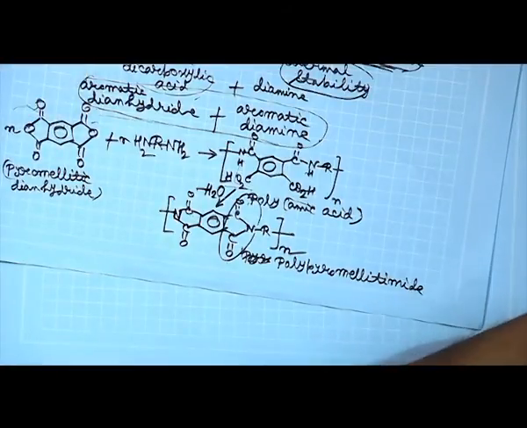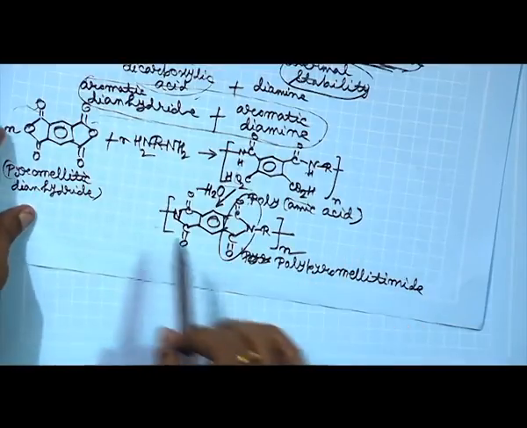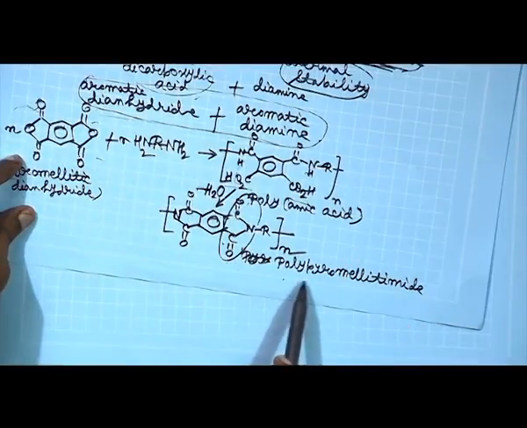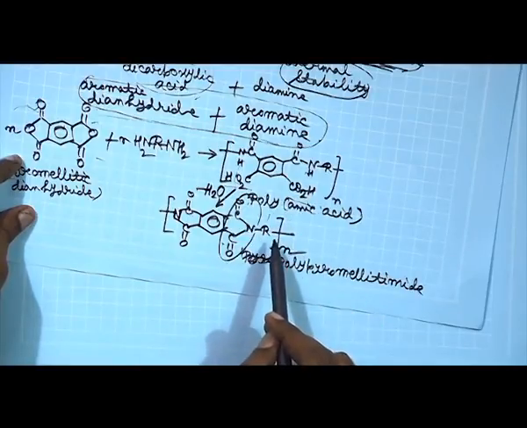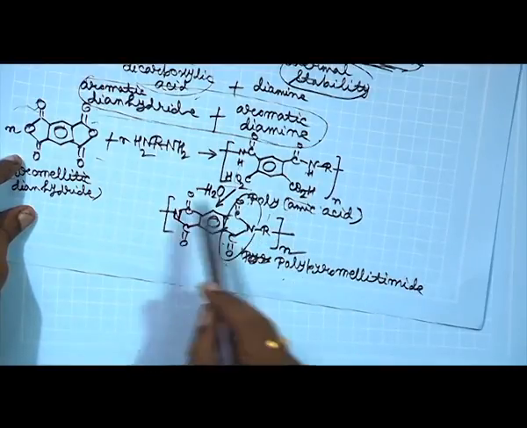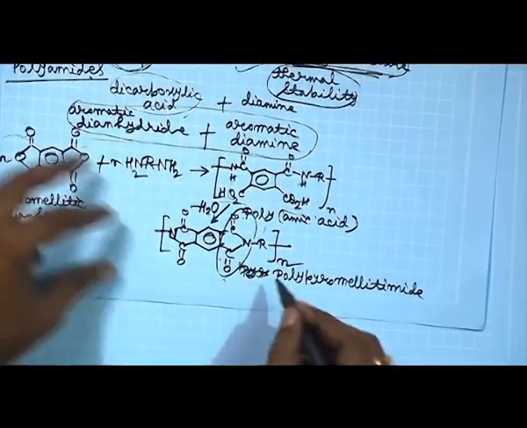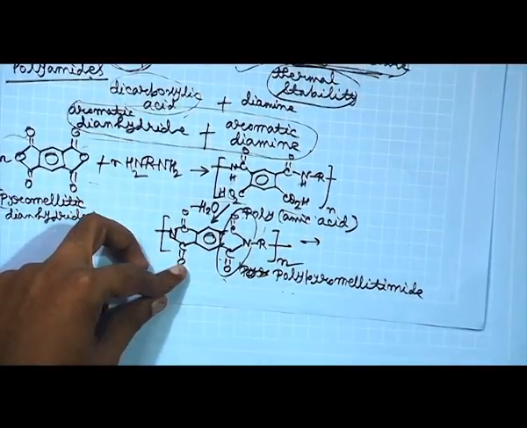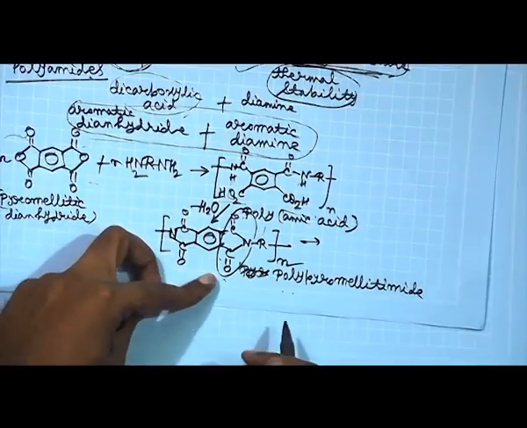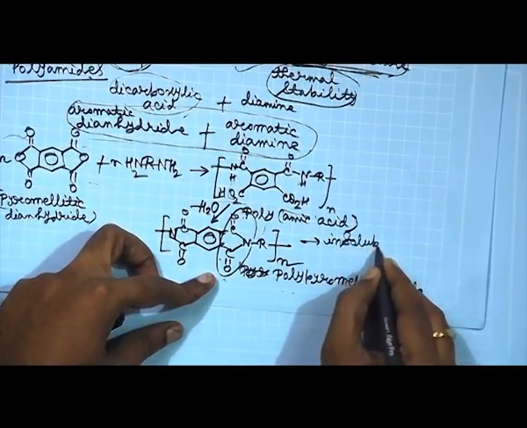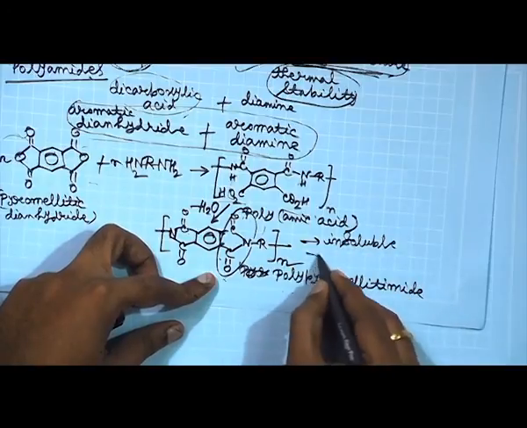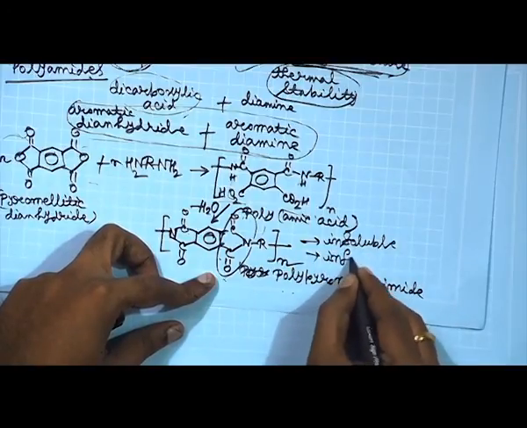Now, you might ask me this question: why do we not go directly to polyimide, why do we need to synthesize polyamic acid first and then go to the polyimide? The answer is, these polyimides, the final products, are typically insoluble, not soluble in most solvents, and they are also infusible.